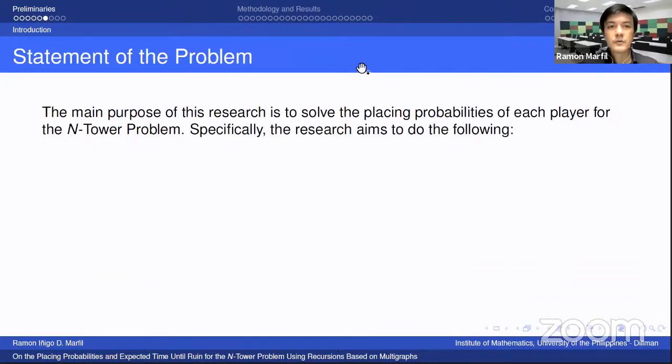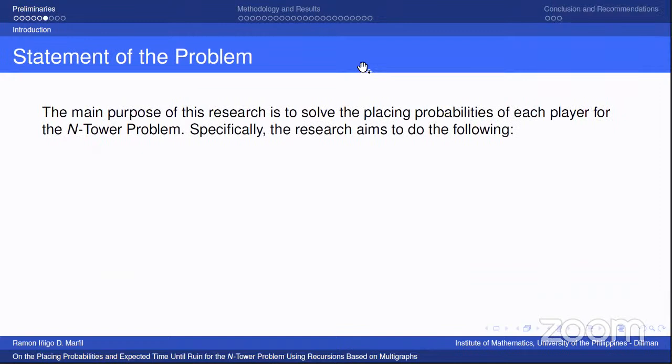Okay? So, ano yung main problem natin for this research? So the main purpose of this research is to solve the placing probabilities of each player for the n-tower problem. And to be more specific, this research aims to do the following.